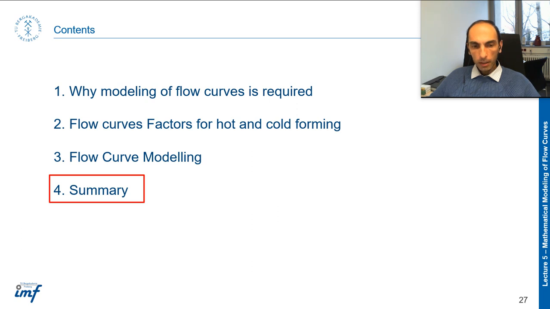Then we talked about the effect of each parameter in detail, and then we introduced some semi-empirical models for mathematical modeling of flow stress. The theoretical background for finite element or numerical simulation in metal forming is almost covered at this moment.